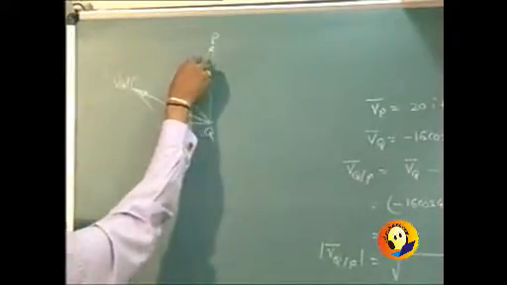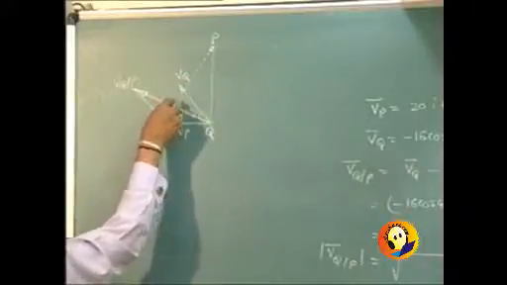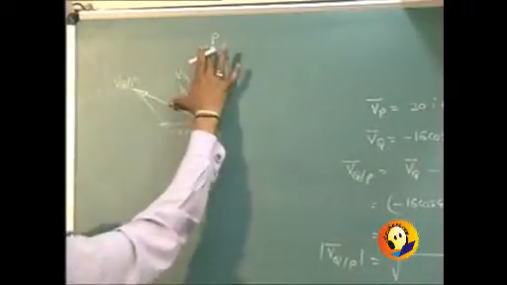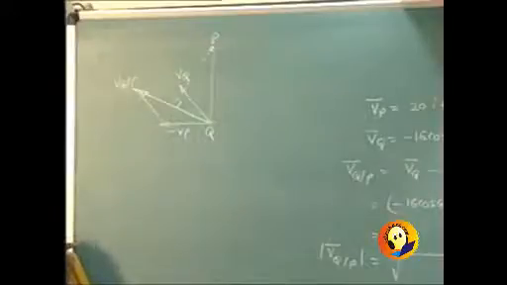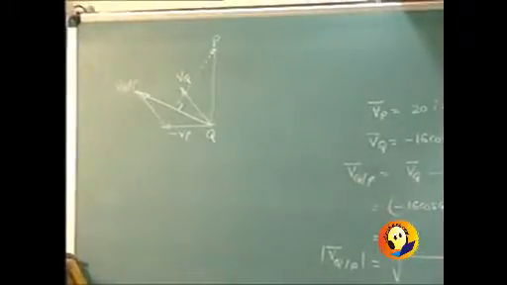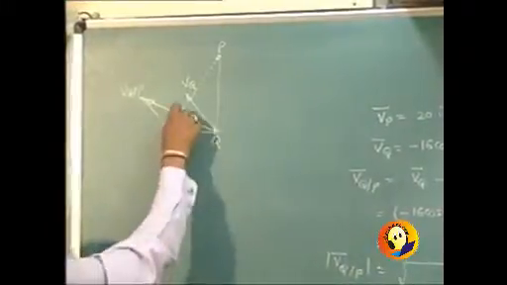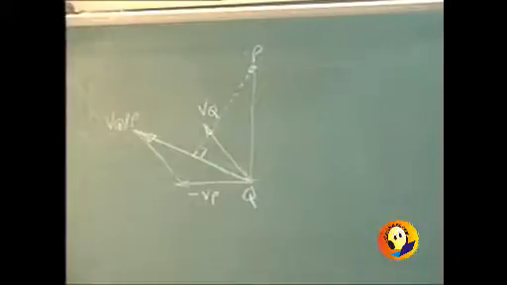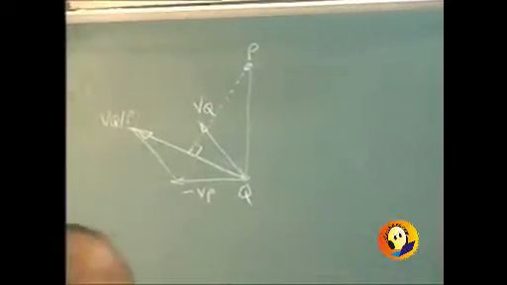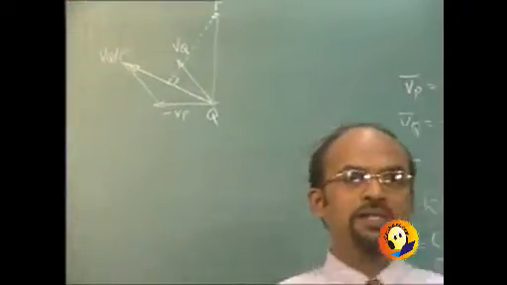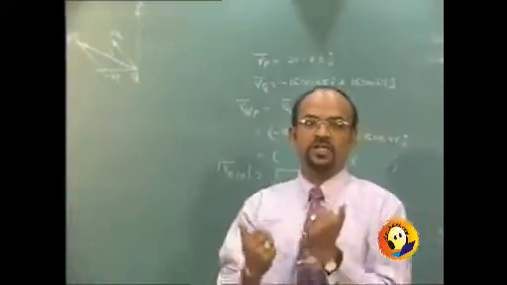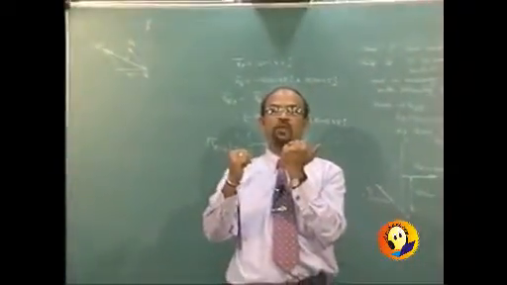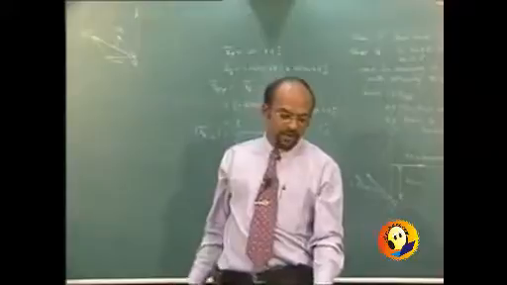Obviously from P we can drop the perpendicular, and this is going to be the shortest distance. We are required to determine this shortest distance, and of course the time taken to reach that. So though these two ships are moving in different directions, at one time they will be very close to each other and then they will be departing.